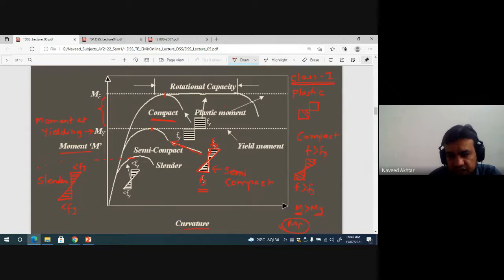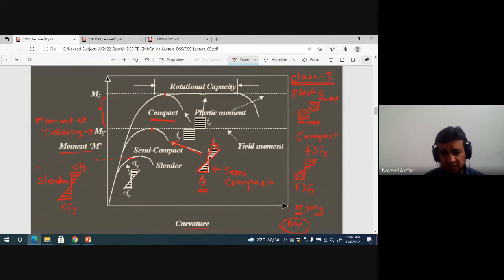In the case of a plastic section, here M is nothing but your Mp. Here your moment is nothing but your plastic moment. That's why these sections are called plastic sections, and this one is class 1 plastic.